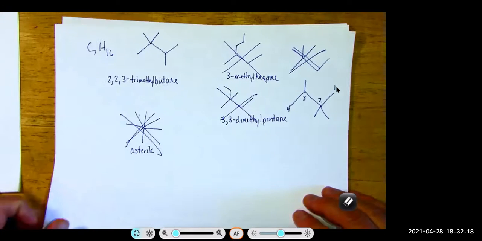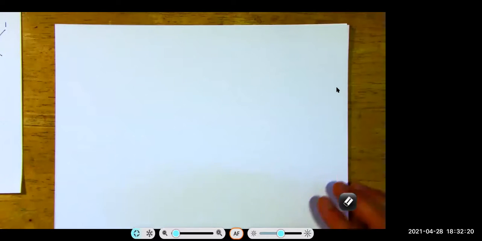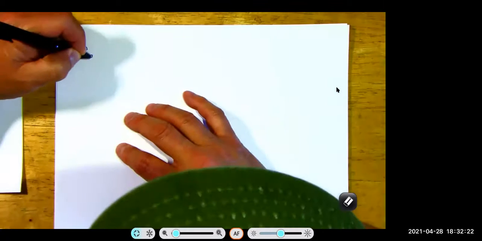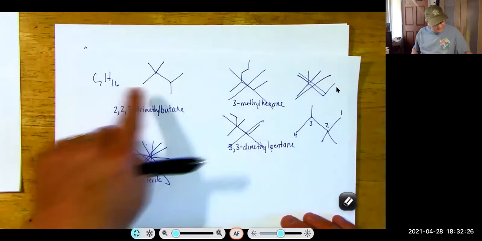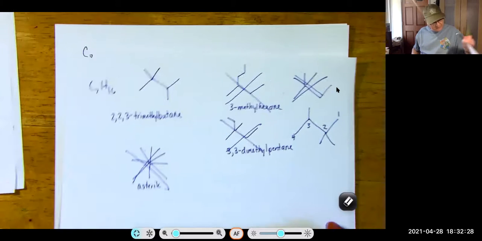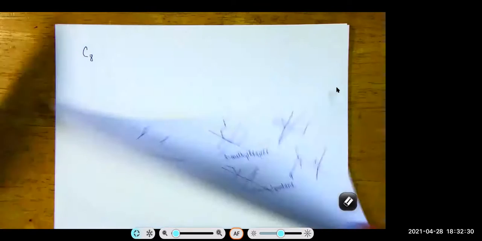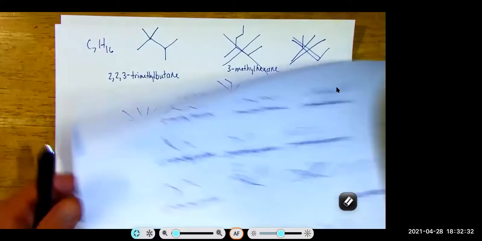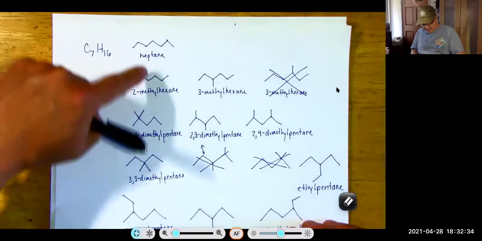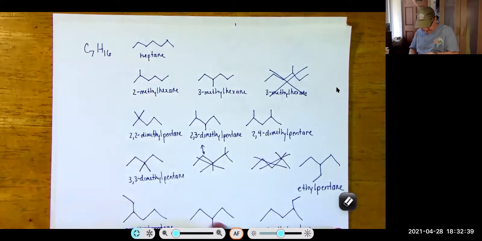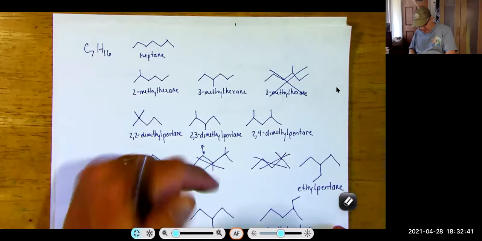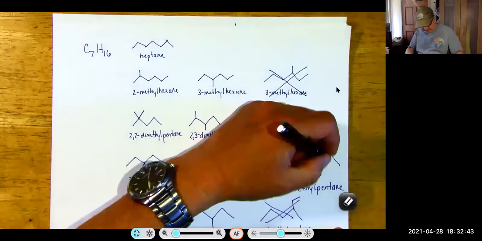What are those in total? So now let's do this. Guess how many there are. Now, I don't know how many there were here. Let's count them. 1, 2, 3, 4, 5, 6, 7, 8, 9. 9 of them. This one didn't count. This one didn't count.